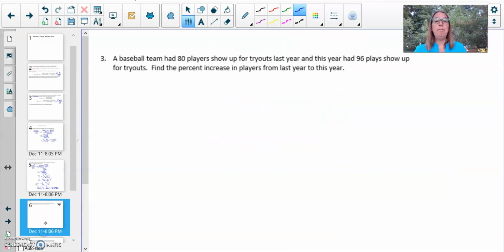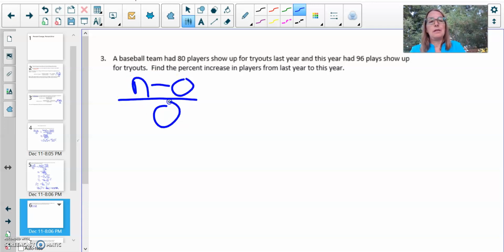Okay, our next problem. A baseball team had 80 players show up for tryouts last year. This year had 96 players show up for tryouts. Find the percent increase in players from last year to this year. So again, we're doing new minus old divided by old. This year they had 96. Last year they had 80.